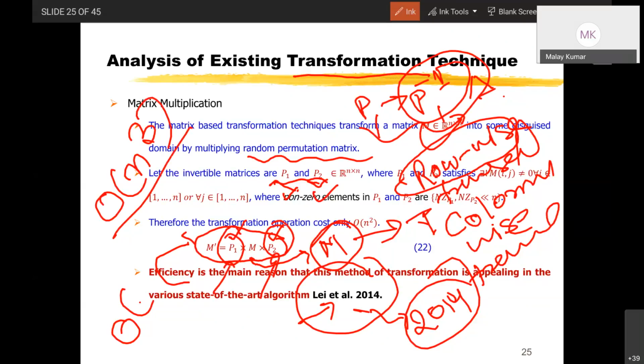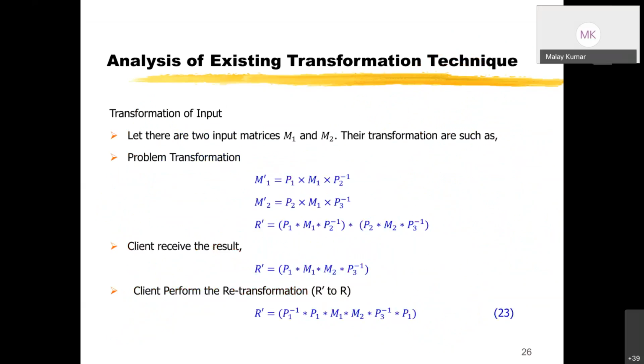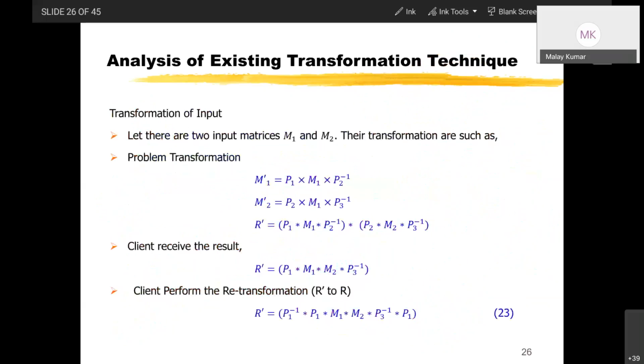In this way, as you can see, it transforms the first input matrix, then it transforms the second input matrix, and the result is produced.